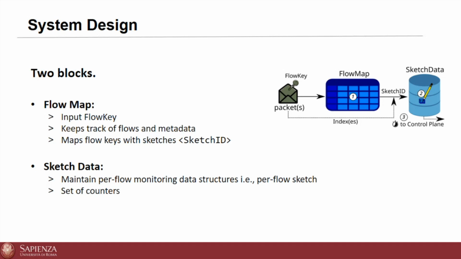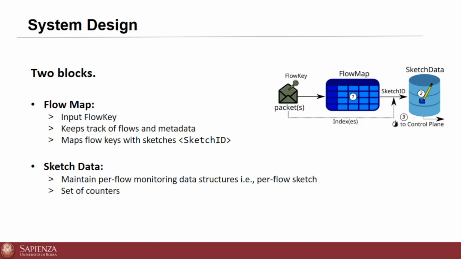The flow map keeps track of the monitored network flows and assigns to each flow key a sketch identifier. Then this sketch identifier is used in the second part of SPADA, the sketch data block, and points to the related counters for that flow.